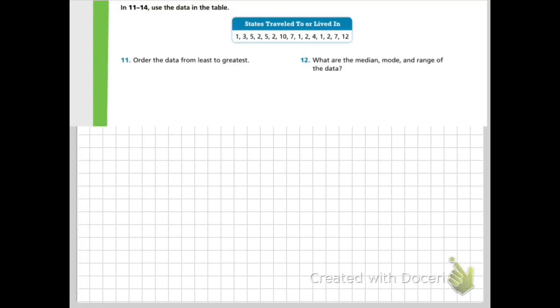All right, and then for this one, what we're going to do is order from least to greatest. So we have a 1, cross it out. We have another 1. A third 1. I believe that's it. Now we have a 2, another 2, another 2, and another 2.